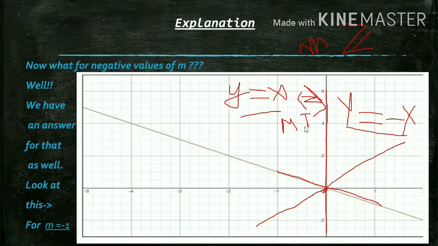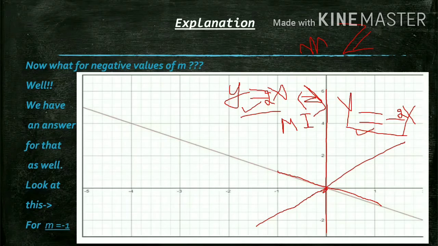So you just need to draw the graph of y equal to x, and with that you will be able to draw the graph of y equal to minus x. You just need to draw the graph of y equal to 2x, and you can draw the graph of y equal to minus 2x by taking its mirror image. So it's quite easy to look at the graph in this way.